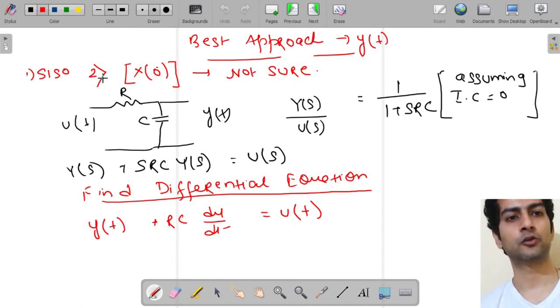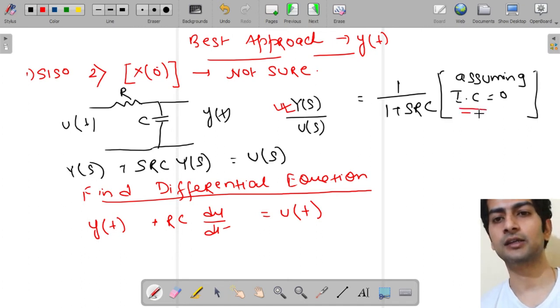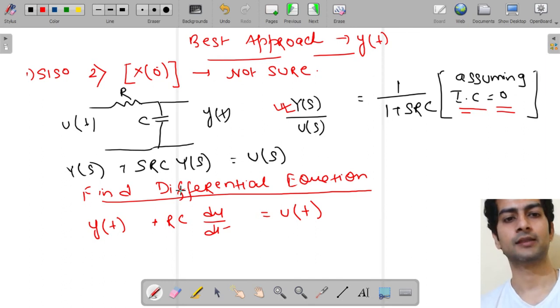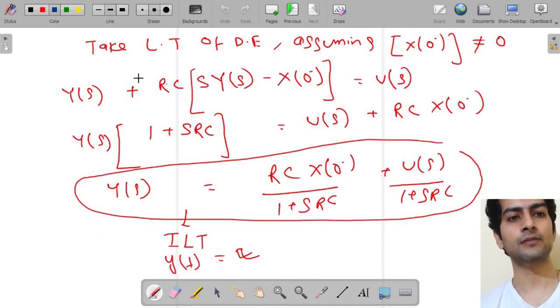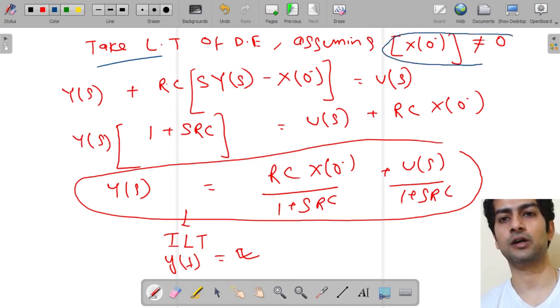But if you don't have information about the initial condition, then first calculate the transfer function assuming the initial condition to be 0, then take its differential equation, then take the Laplace transform of the differential equation assuming the initial condition is not 0.